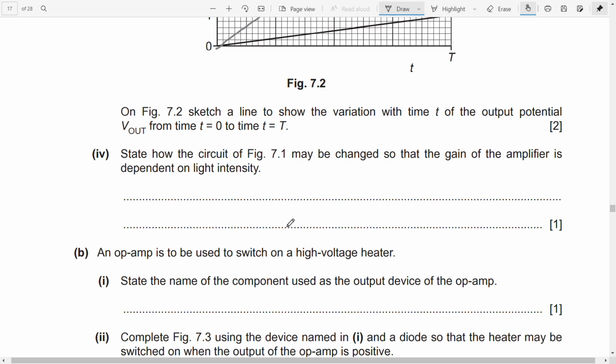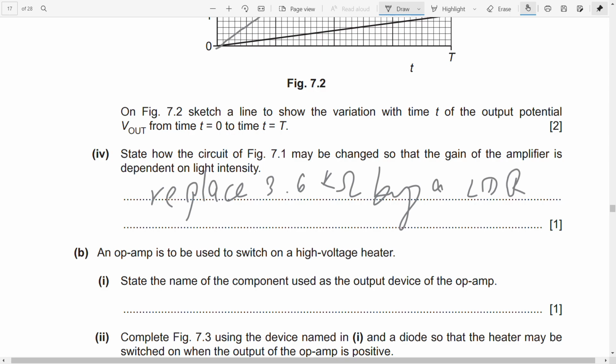Replace 3.6 kilo ohm by an LDR. So you can write it here: replace 3.6 kilo ohm by an LDR.